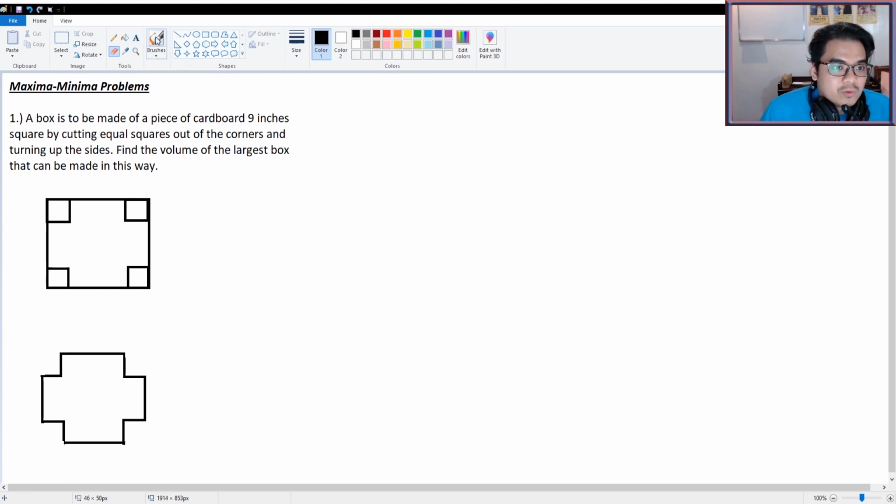For instance, let's say that from here to here the size will be x. Since that is a square, this must also be x, and all of those are squares with the same sizes, so x, x, x, and x.